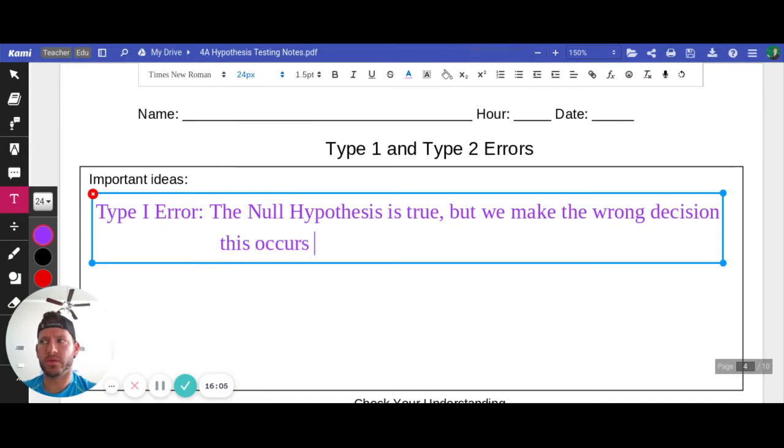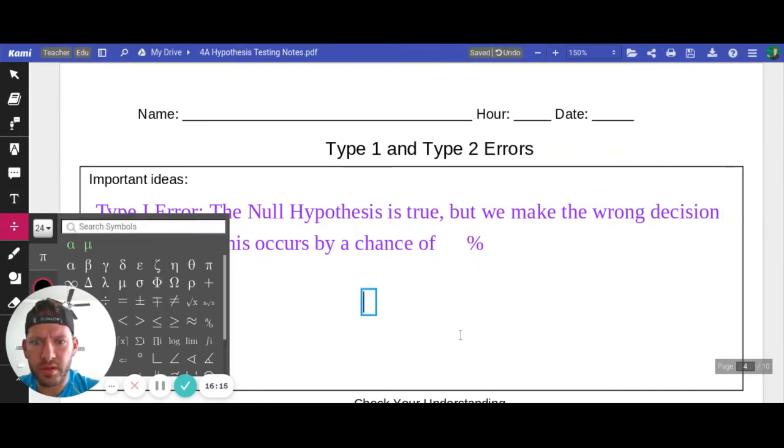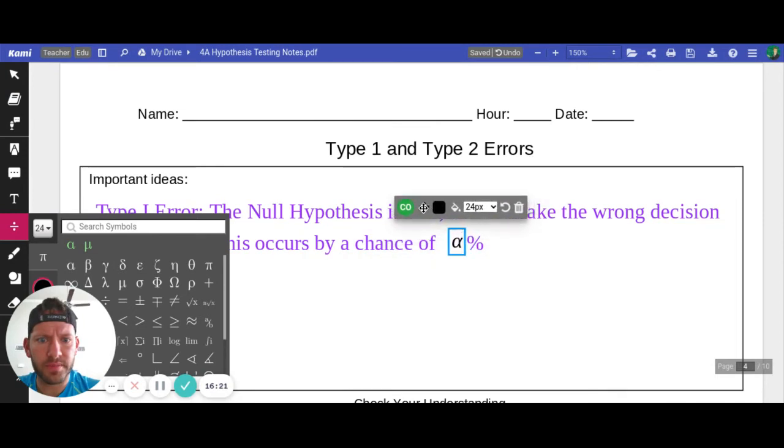This occurs by a chance of alpha percentage. So percent symbol, and let's go get the alpha symbol here in the equation. Nice little alpha symbol. We can put it right next to the percentage. There we go.